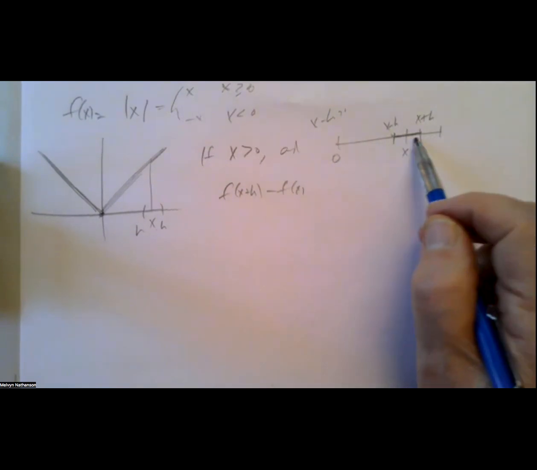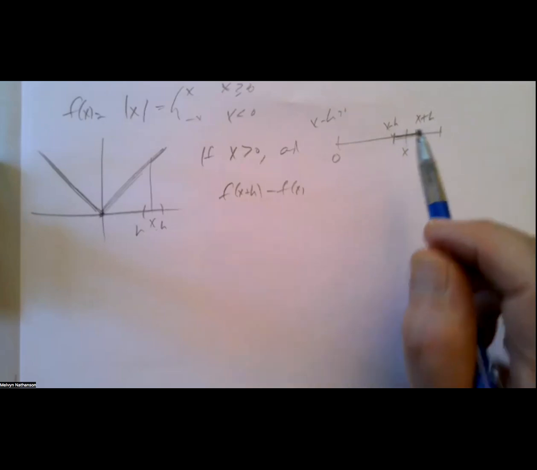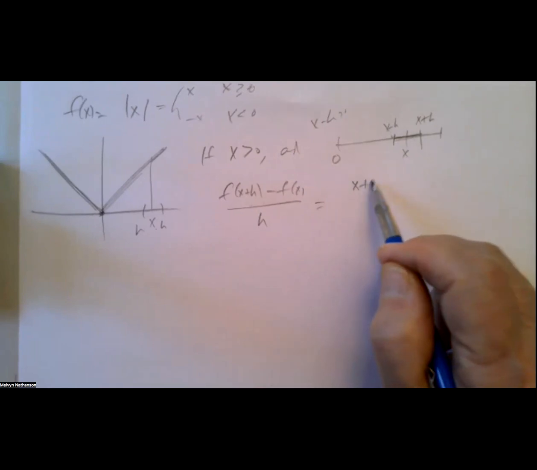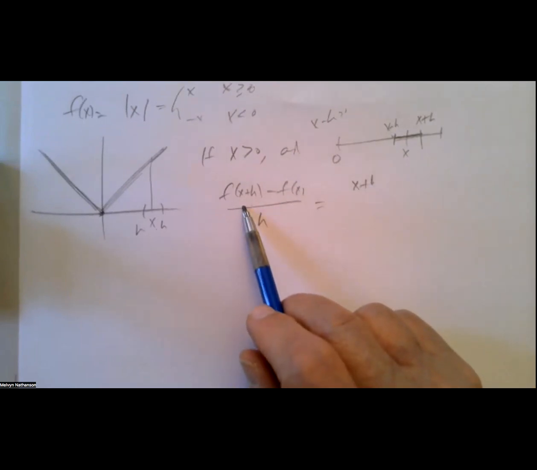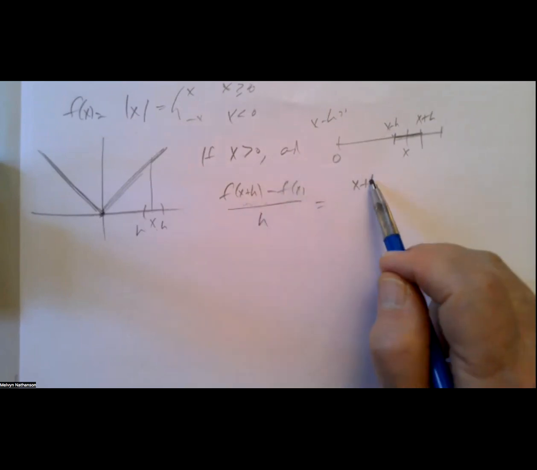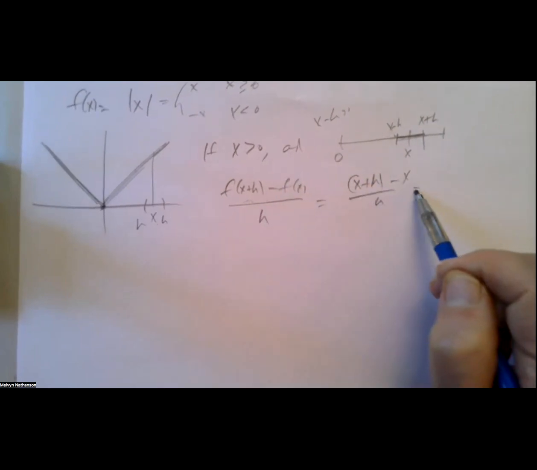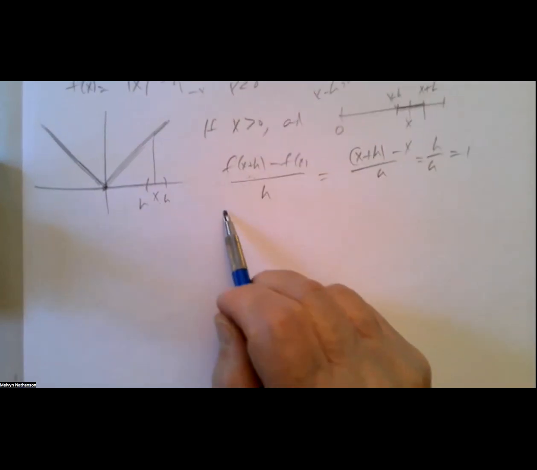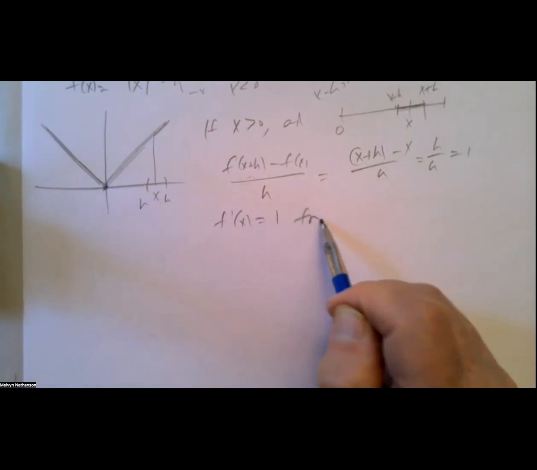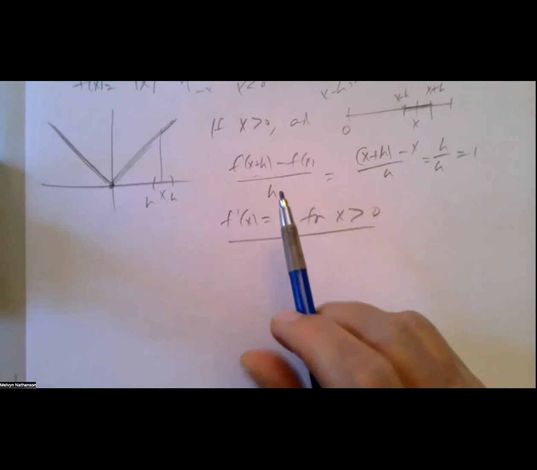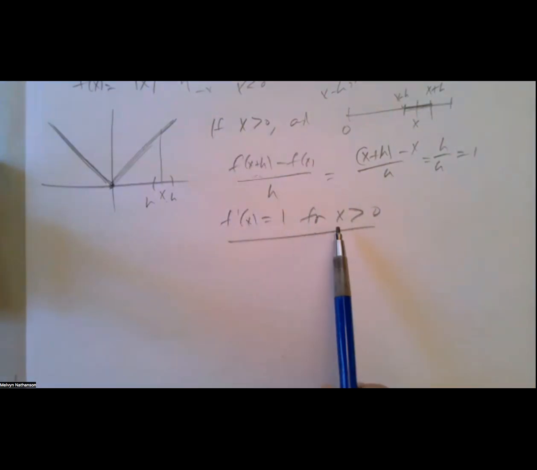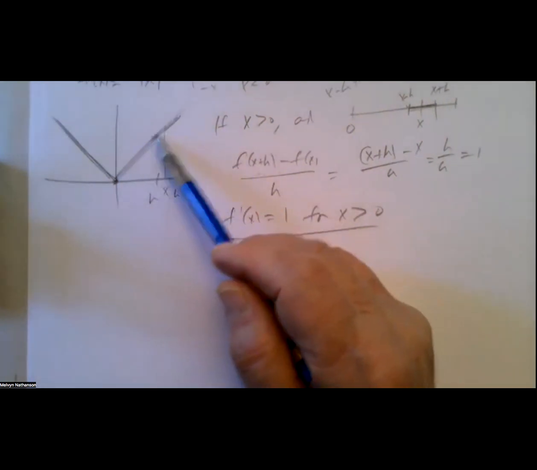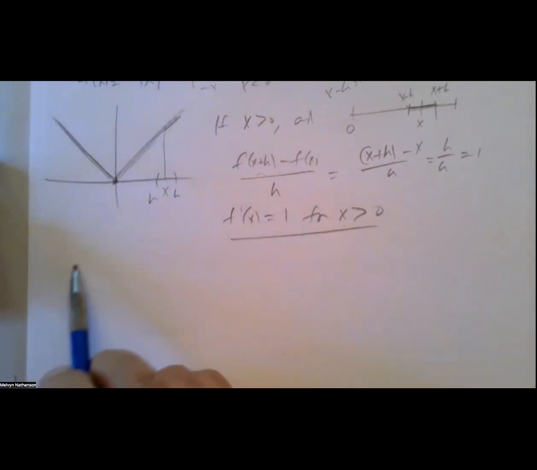In this whole interval, this is all positive. It's all to the right of 0. So f of x plus h minus f of x over h is equal to, remember, f of x equals x when x is positive. So this is x plus h minus x over h. The x's cancel, you get h over h is 1. So the derivative f prime of x equals 1 for x positive. So for the absolute value function, if x is positive, the derivative is 1, which of course you can tell because this straight line, tangent line is equal to itself, has slope 1.